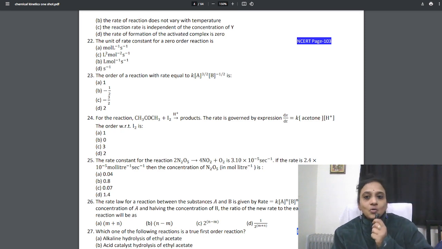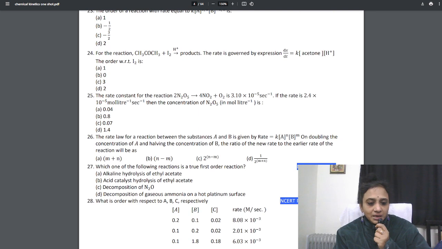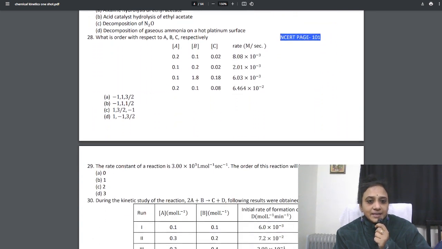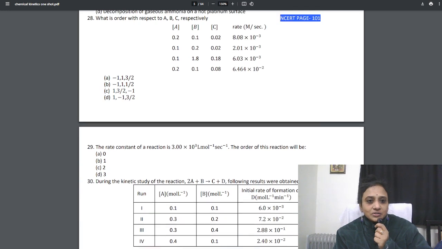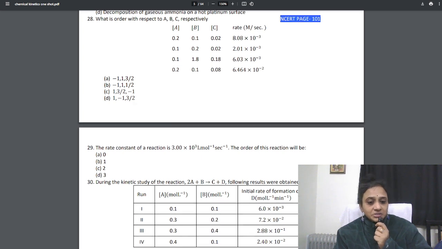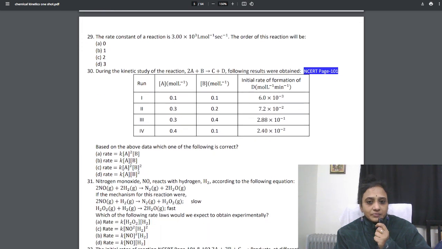All these questions I have taken into different parts. Graphical based questions based on order of the reaction, and kinetic study of certain data. All these questions are very important.